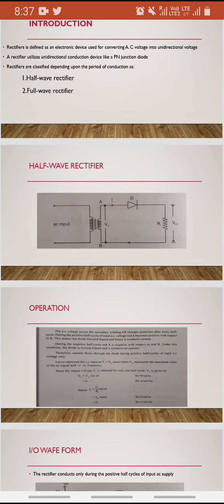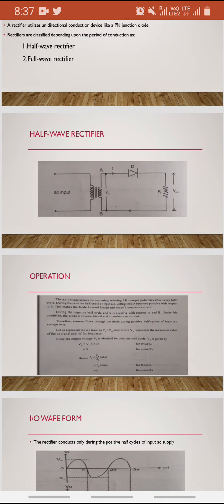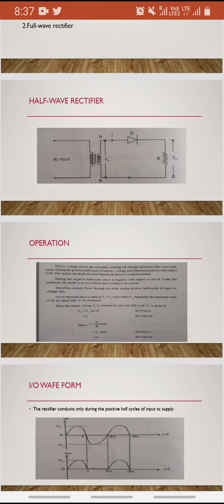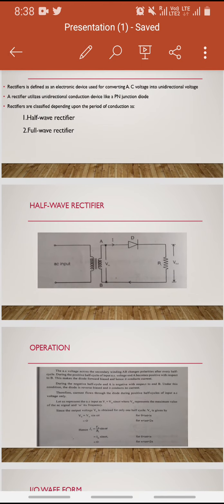Half wave rectifier: here is the circuit of a half wave rectifier, with an AC input and a unidirectional voltage output. The operation of the half wave rectifier is as follows: the AC voltage across the secondary winding AB changes polarity after every half cycle.